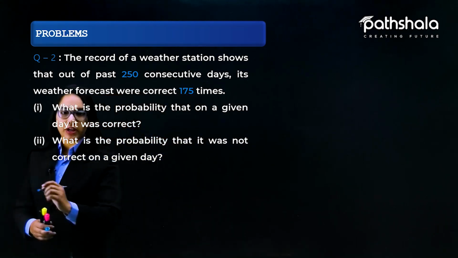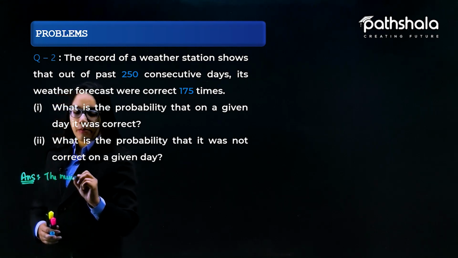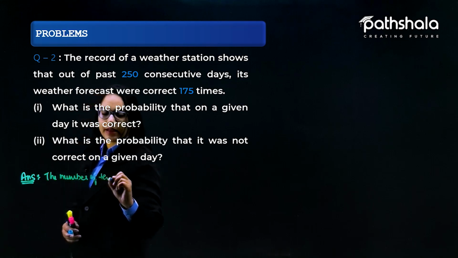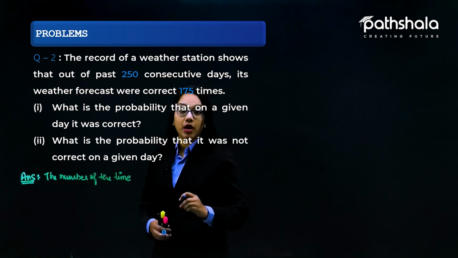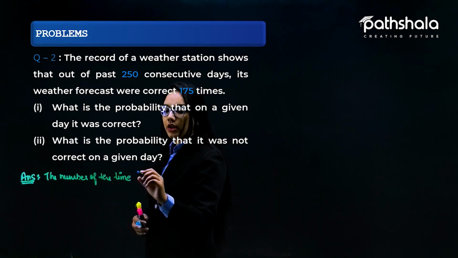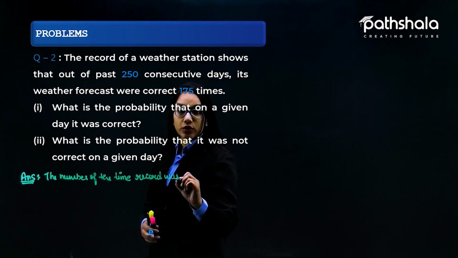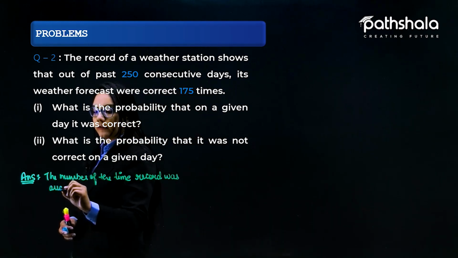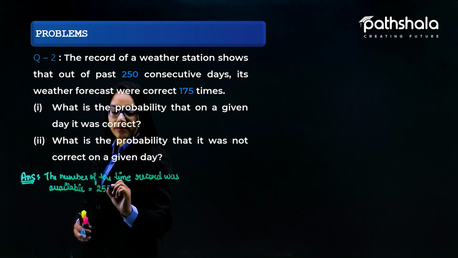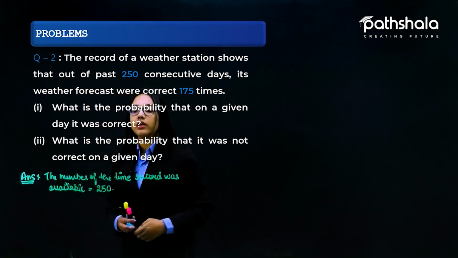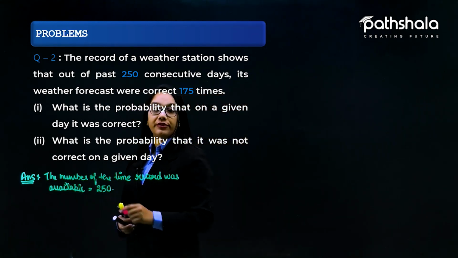So first of all, we know that the number of times the record of the weather station was available is nothing but 250 times, that is, 250 consecutive days.